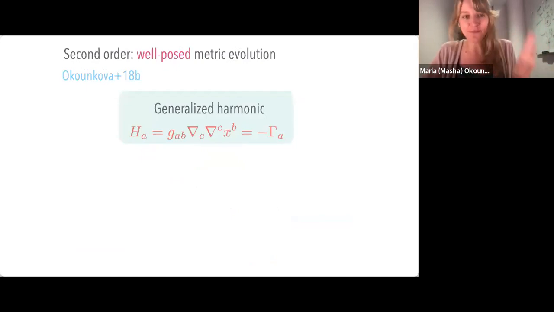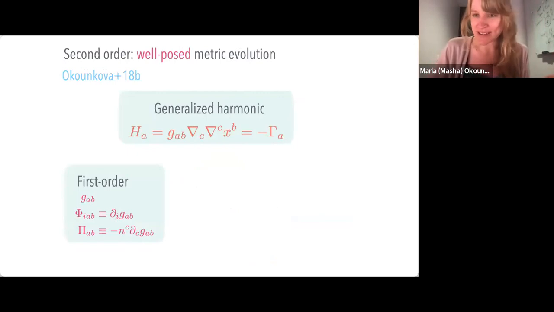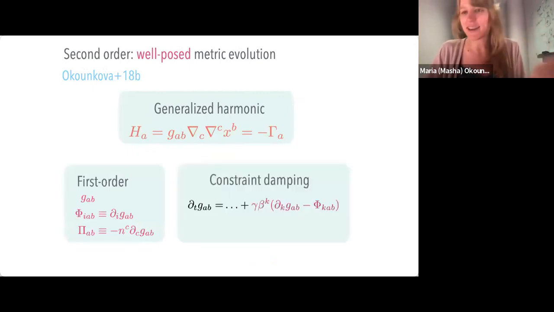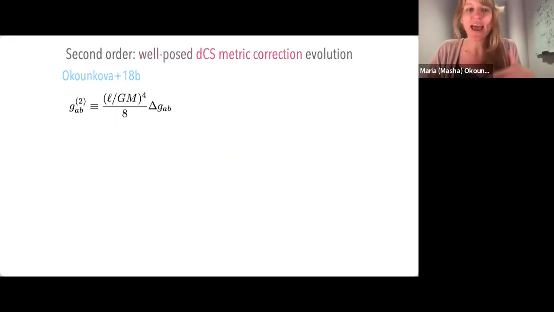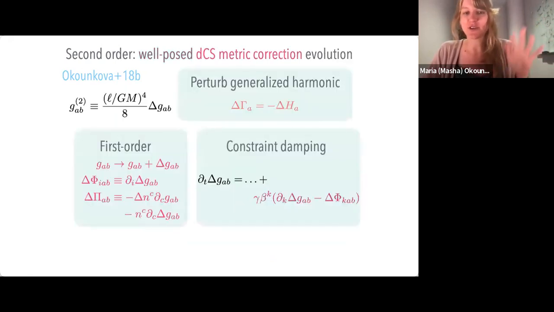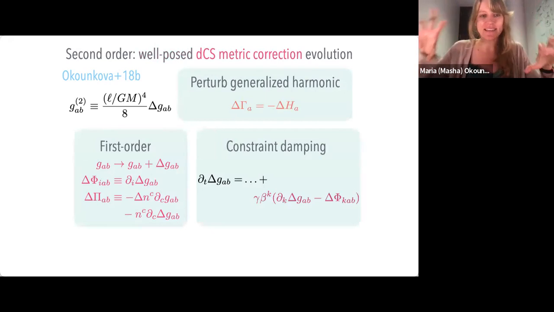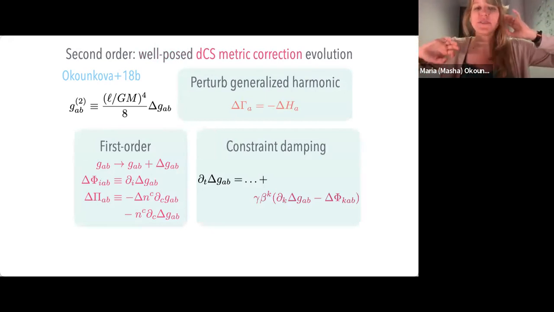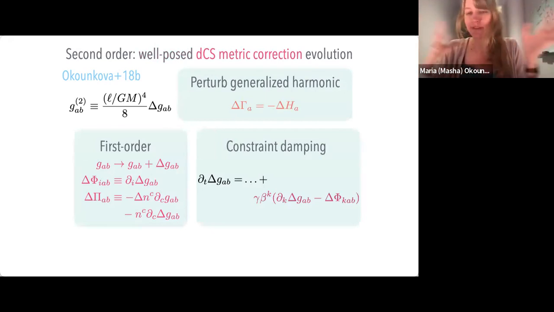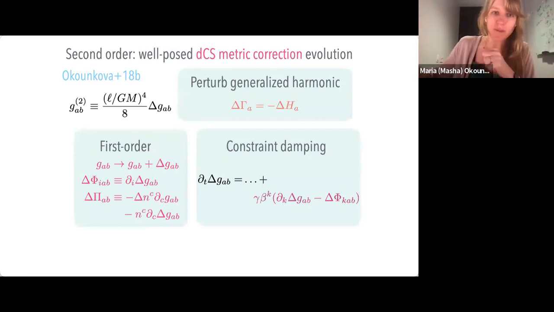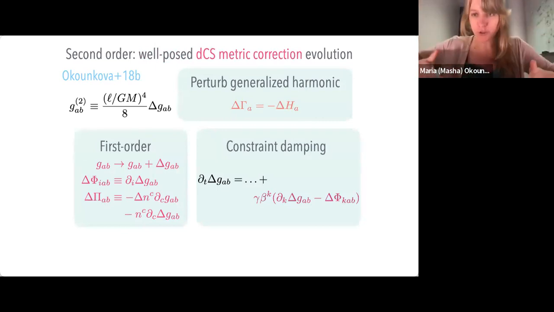Going to the next order for well-posed metric evolution, we took the generalized harmonic formalism, took a first order decomposition approach, added in constraint damping terms, and to get the DCS correction to the metric, you basically take these and you perturb them. So you take the generalized harmonic equations of GR, you perturb them, and then you get an evolution equation for your correction to the metric that does guarantee strong hyperbolicity.